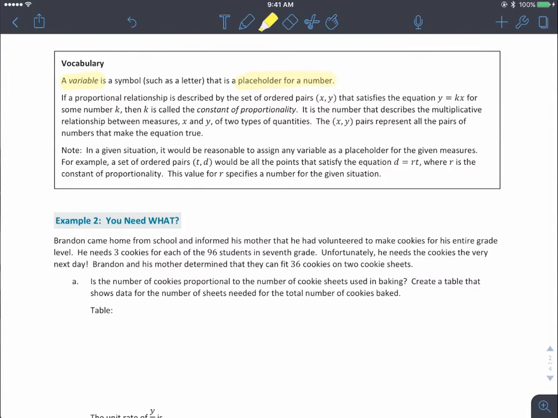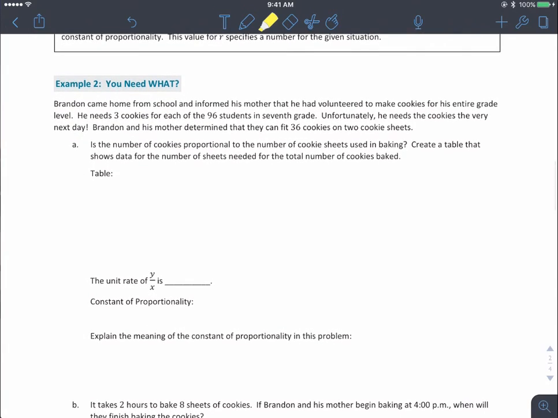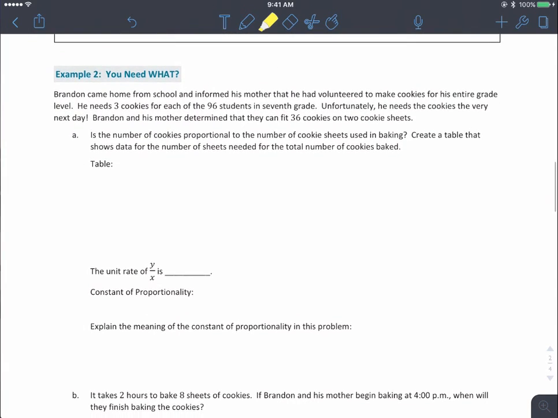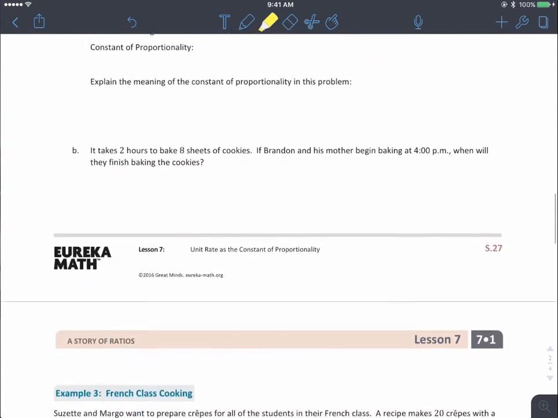Okay, so you can try to incorporate that into your problems. If you can't figure that out, that's fine. Just use that question mark for unknowns. But go ahead and try to work on the examples for today. So we have example 2 where it talks about baking cookies. All right.